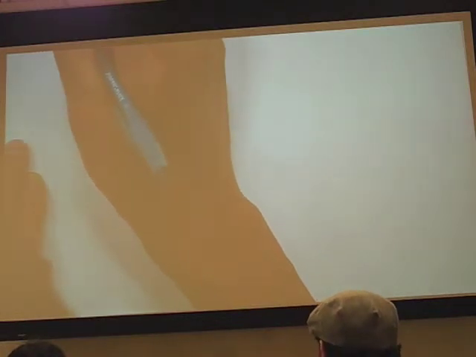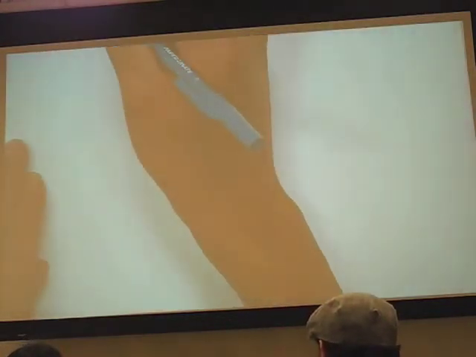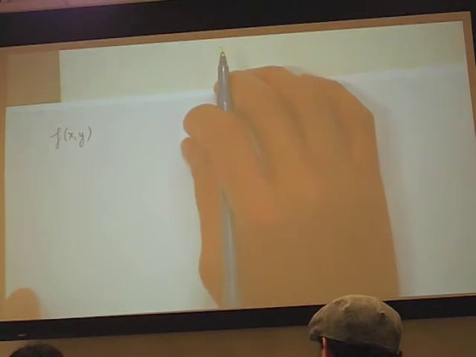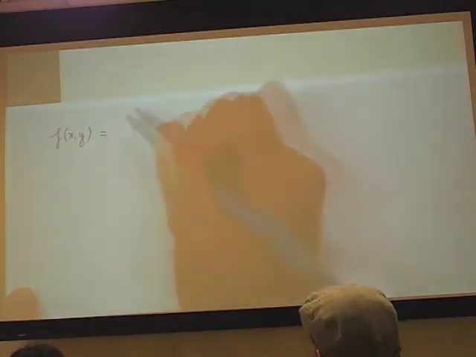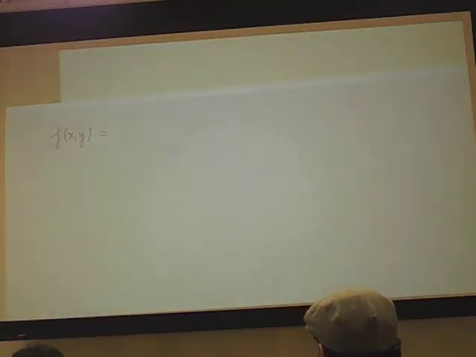I'm going to ask you this question. Let's say that f of x and y right here. Will you move your paper down, please? Oh, sure, sorry. Is equal to, let's say, equal to c.